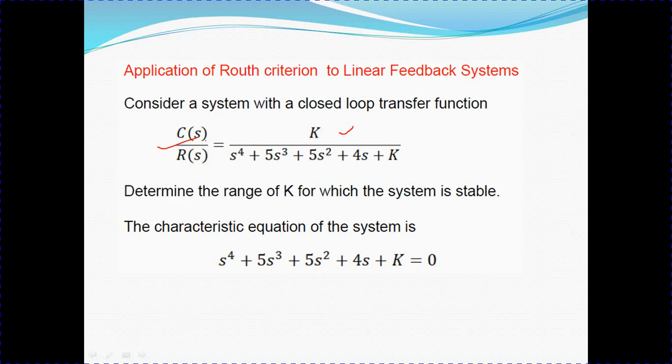Here the transfer function given is K divided by s to the power 4 plus 5s cube plus 5s square plus 4s plus K. So now we need to determine the range of K, that is the minimum and maximum value of K for which the system is going to be stable. So first we need to consider the characteristic equation, and the denominator of the transfer function equated to 0 is the characteristic equation.